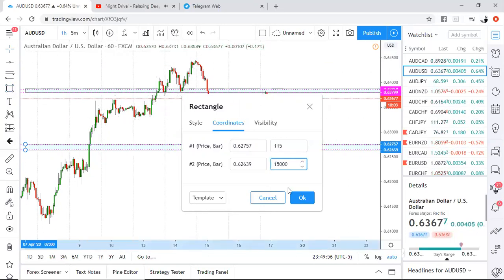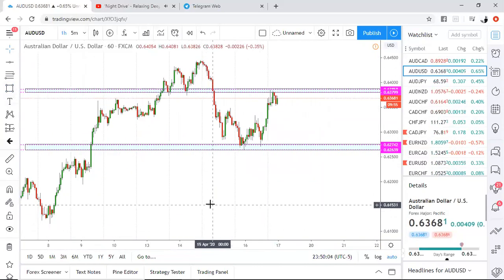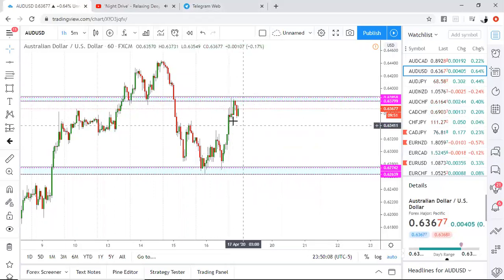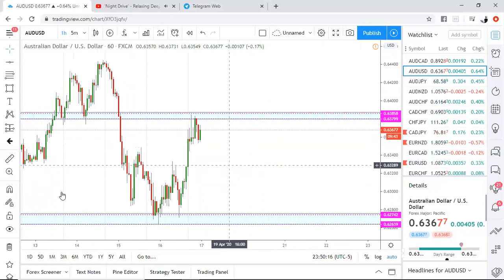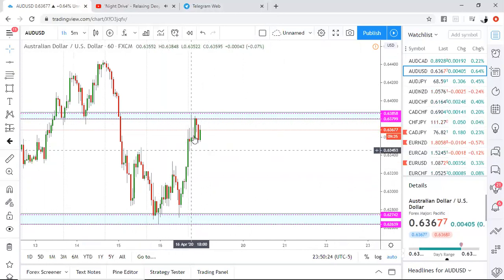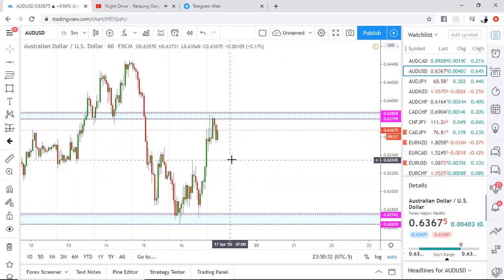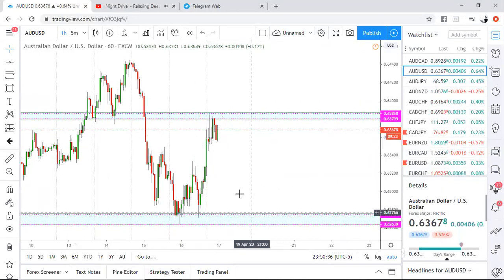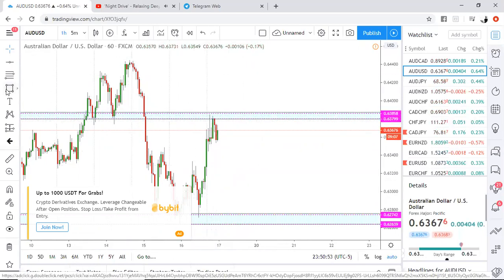And again, you could go up in here. You can see in the past, floor, breaks the floor, comes back up, tests as a ceiling.